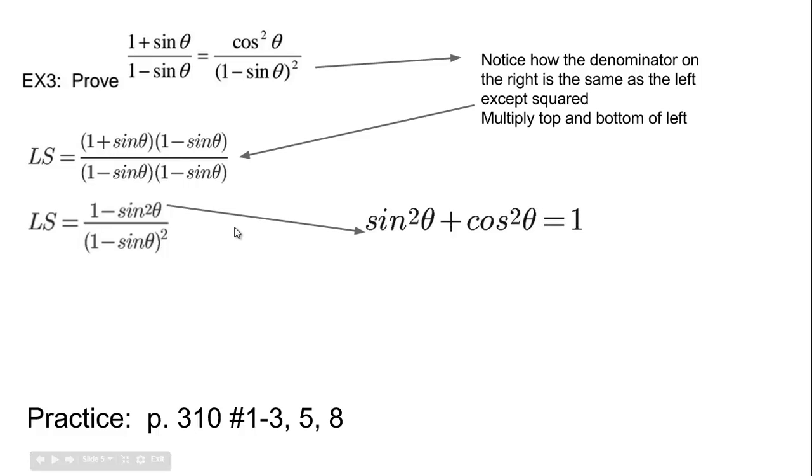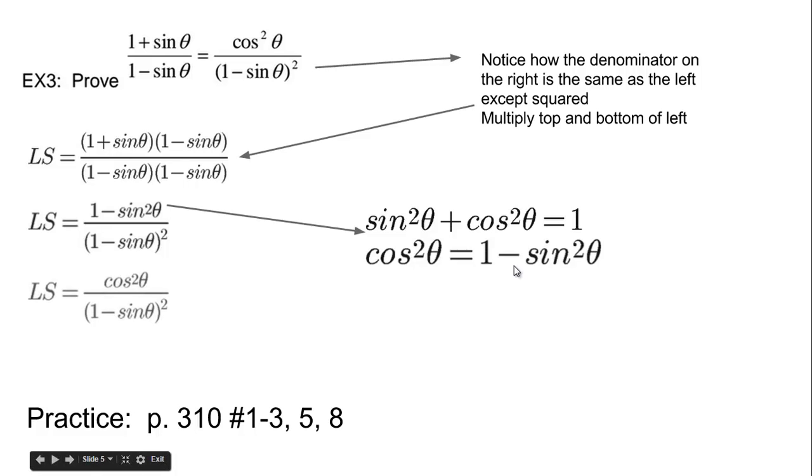It's not trivial to say this if you haven't done it before, but after a while, you can say this right away. If you know sine squared plus cos squared equals 1, this maybe has something to do with that. You can actually put the sine squared on the other side. You get 1 minus sine squared, and we can put the cos squared on the top, and then it's proven: it equals the right side.